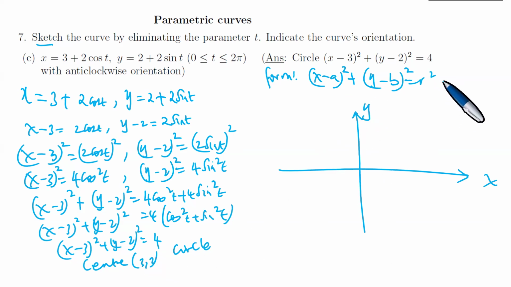Like this circle has the center a, b. So x is 3 and y is 2.